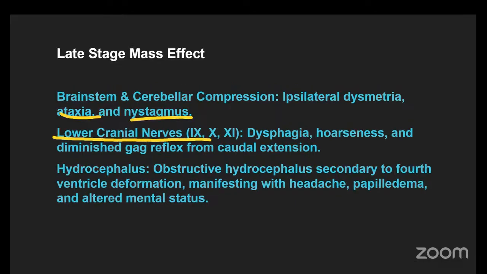These are the most important things in terms of prognosis, because if they are already involved, the patient would need to be counseled regarding the PEG tube and the tracheostomy, which could be likely if there is involvement of lower cranial nerves already. You need to watch for dysphagia, hoarseness, and diminished gag reflex.